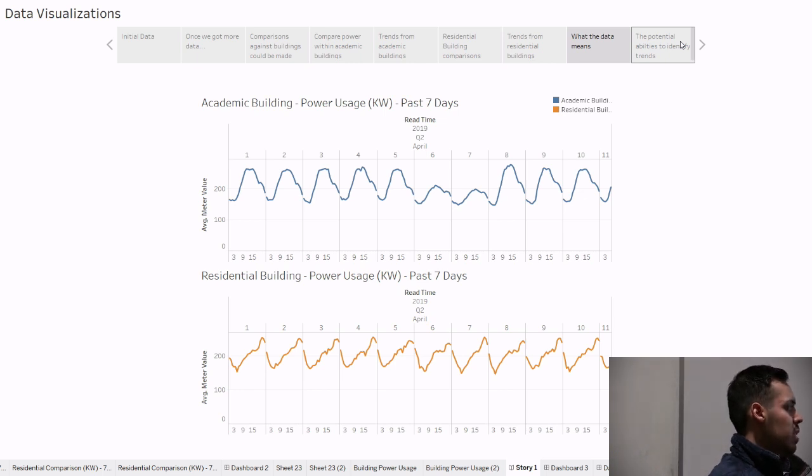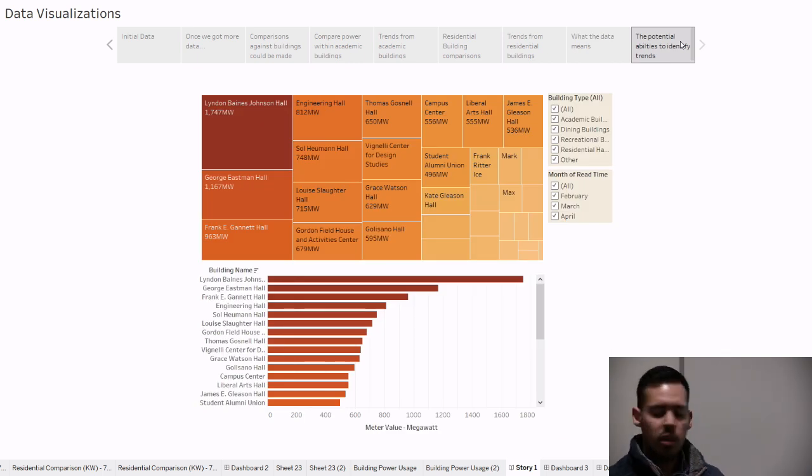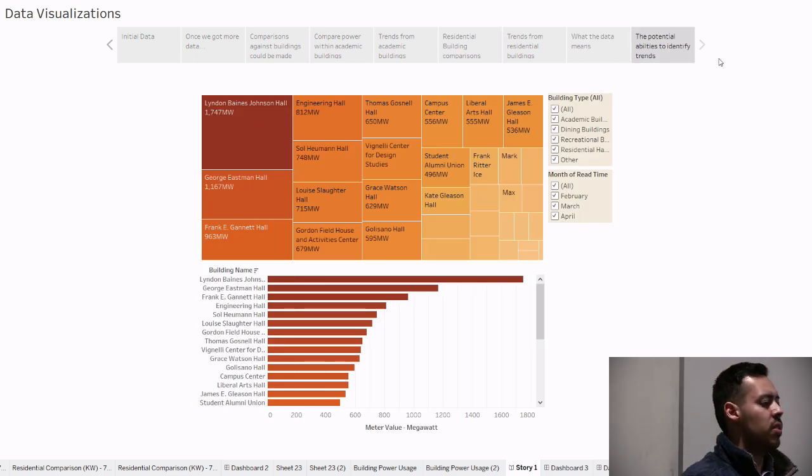Whereas in residential buildings, you can see that the power usage is just about consistent throughout the week. And what's great about Tableau is that it allows us to create reports and visualizations and gives users and researchers greater ability to analyze their data and identify any trends or patterns.